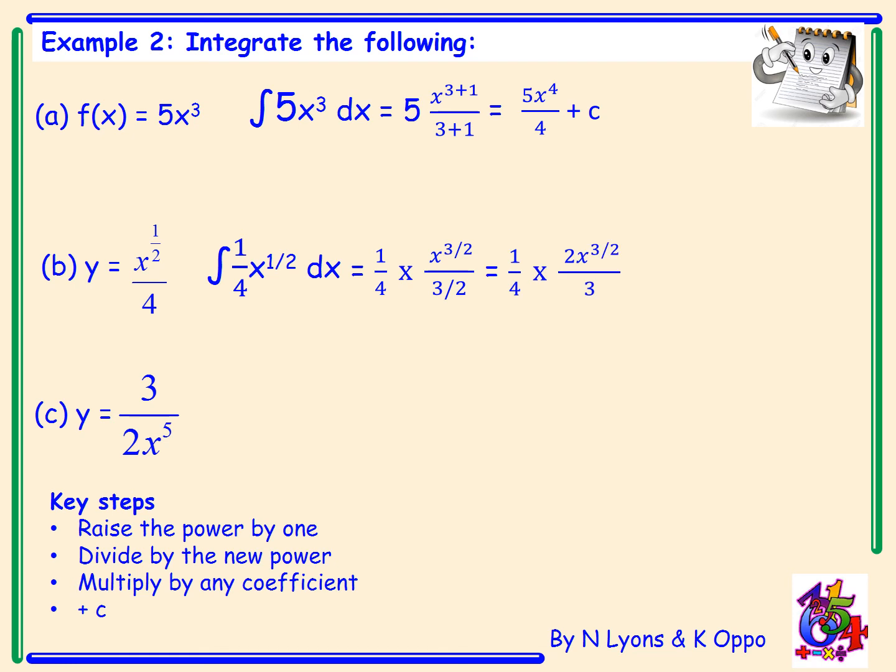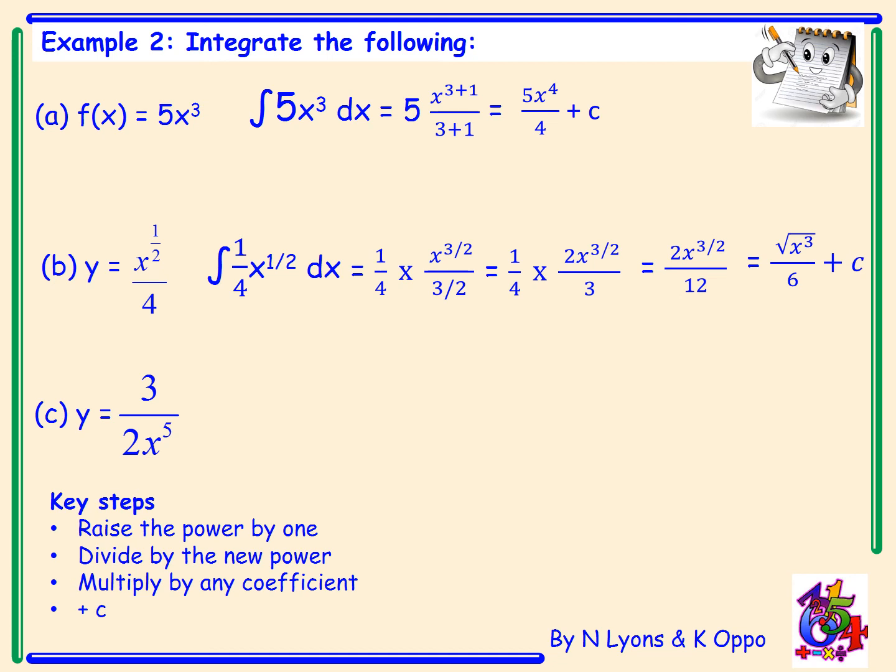So that equals 1/4 times 2x to the power 3 over 2 divided by 3, and then simplifying that together, we get 2x to the power 3 over 2 divided by 12, and the 2 and the 12 can be simplified, and we're going to have x to the power 3 over 2 divided by 6, plus the constant of integration c. And here I've taken your fractional index and put it back into surd form.